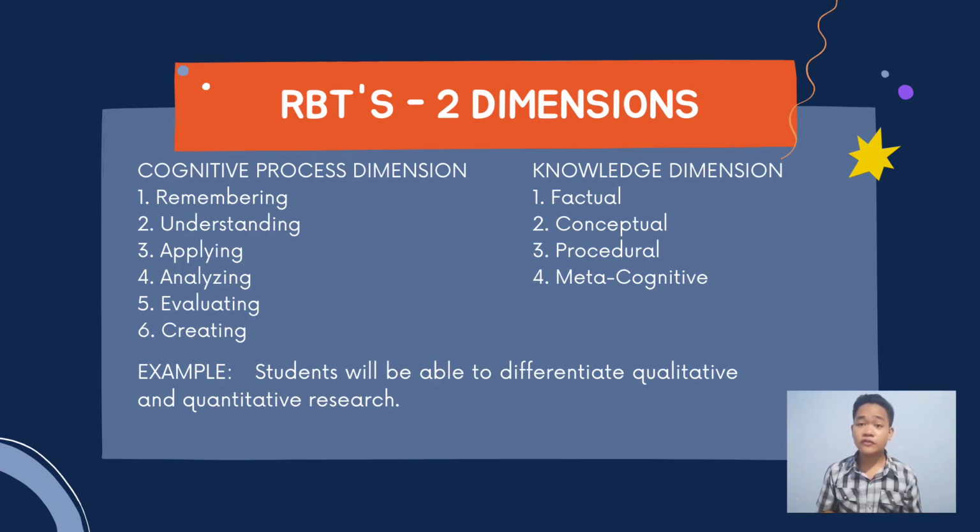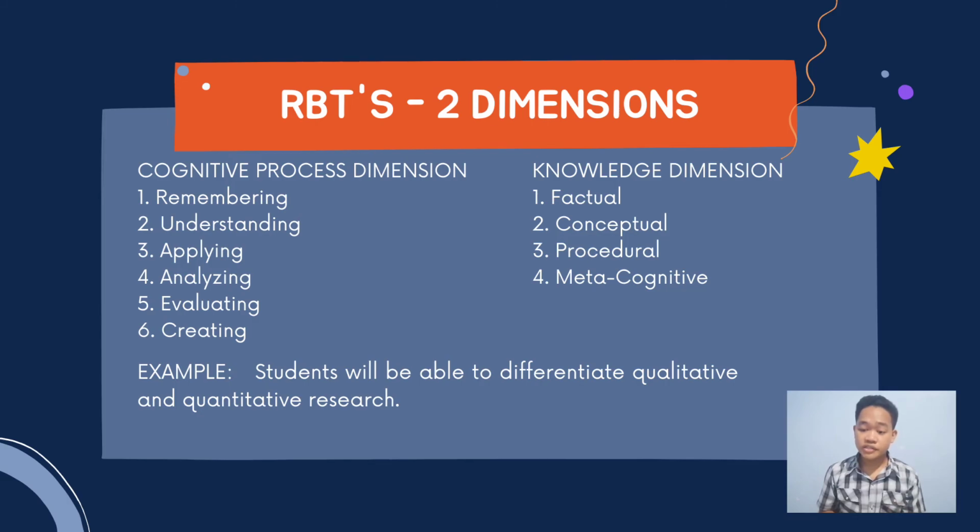So here, differentiate is the verb that represents the cognitive process dimension. And in this case, it is analyzing, because we need to analyze the difference between qualitative and quantitative research. So we need to separate these two for better analysis.